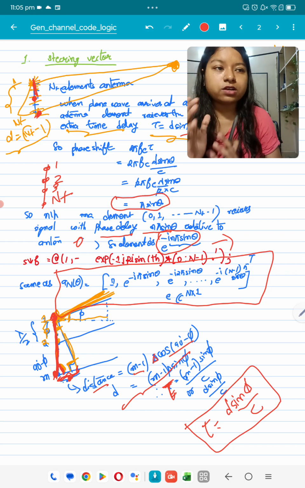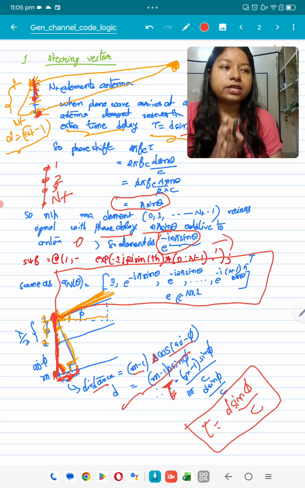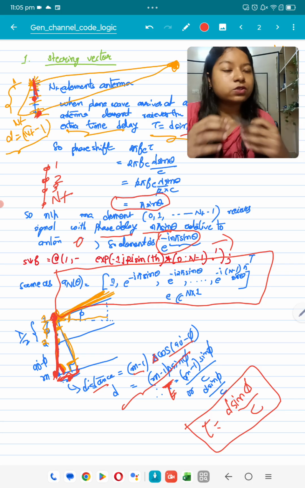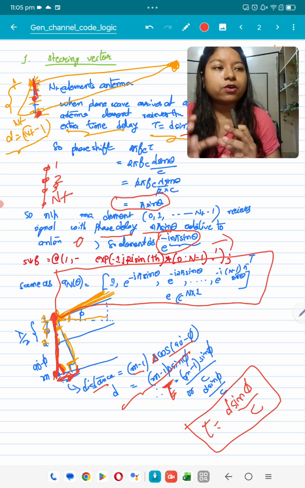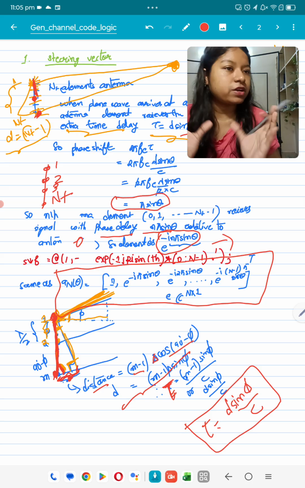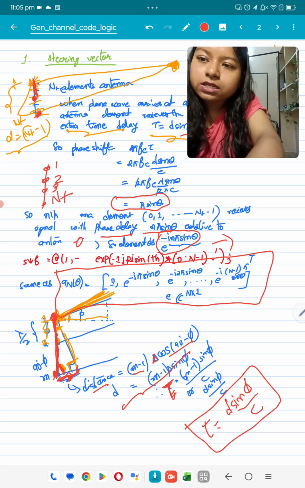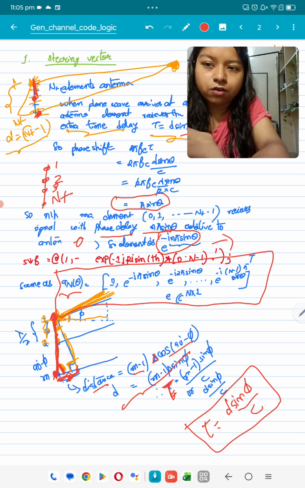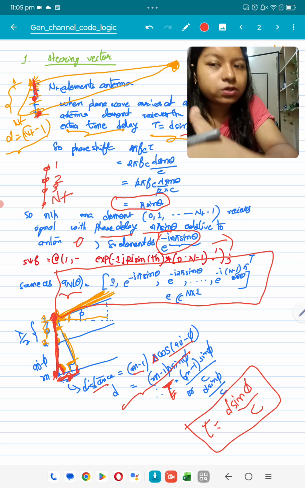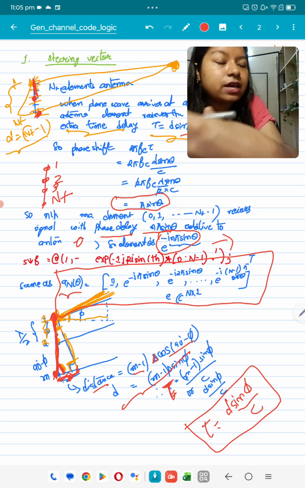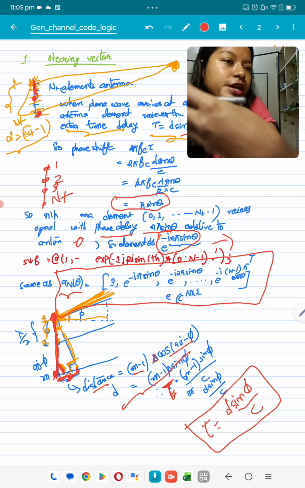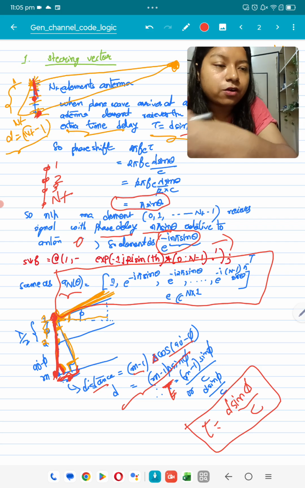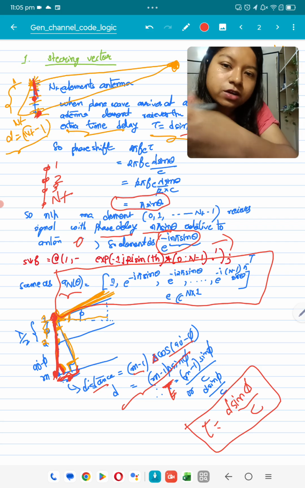That transmitter or receiver can be a base station, a RIS element, or a receiver. So there can be steering factors for different things. That is called the steering factor. The steering factor is the collection of the amplitudes and phases among the different antenna elements of a base station, transmitter, or receiver.